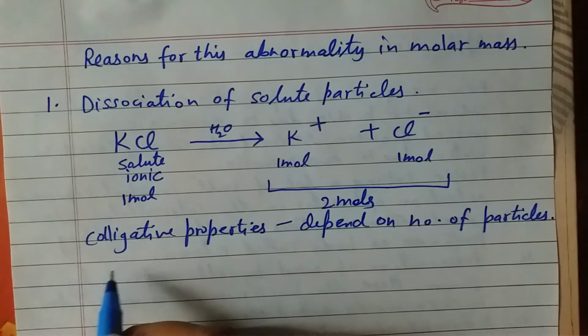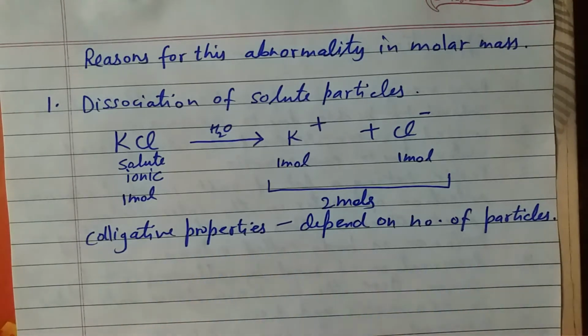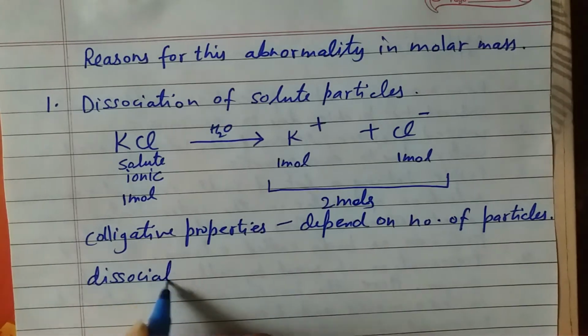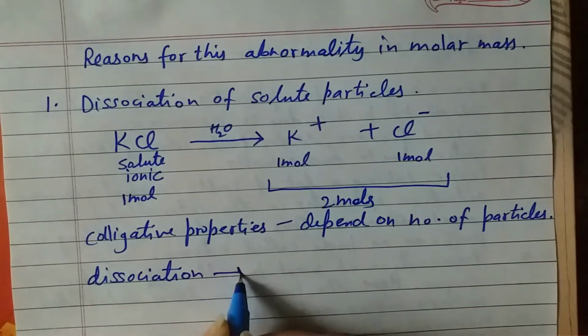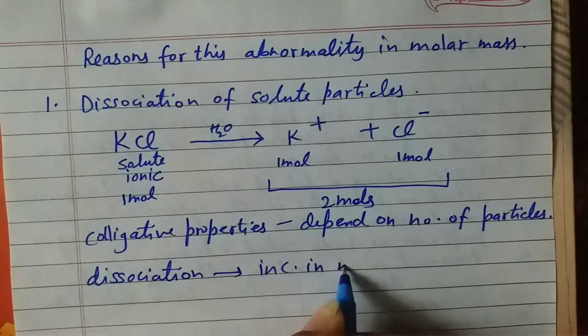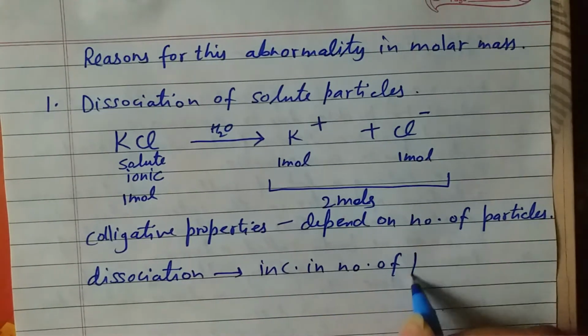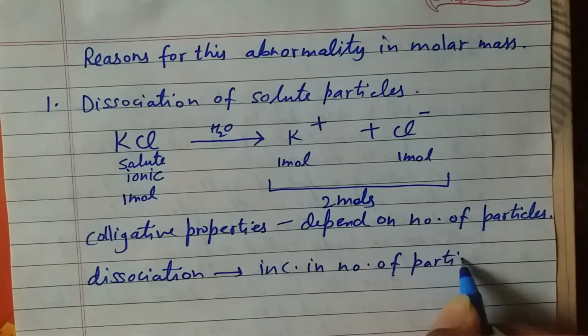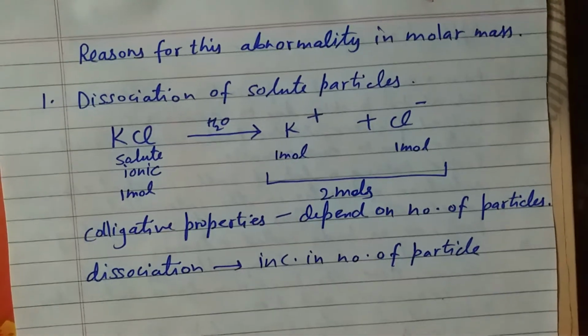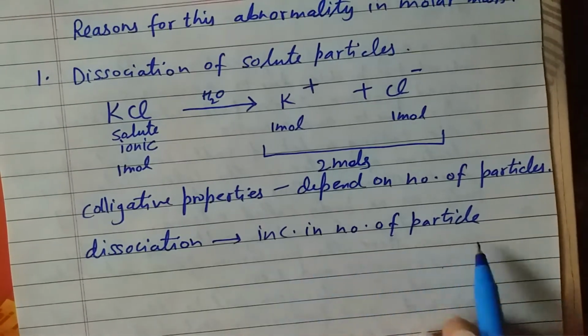So when there is dissociation in solution, dissociation will lead to an increase in the number of particles. As you have seen in the case of KCl, one KCl molecule is dividing itself into two particles, K+ and Cl-. So on dissociation, there will be an increase in the number of particles.